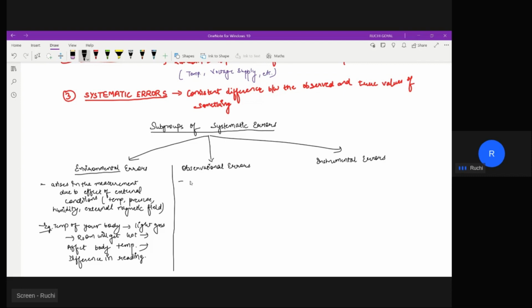So there are many reasons: individual bias, lack of proper setup of apparatus, and carelessness in taking observations.